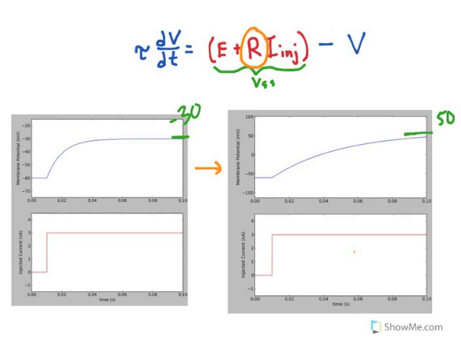So this is just a simple example of what happens when the input resistance increases. You see an increase in the steady state membrane potential, and you also see an increase in the time constant. So here we approached steady state very quickly. After 60 milliseconds we were roughly at steady state, and over here at 60 milliseconds, we're definitely not very close yet.